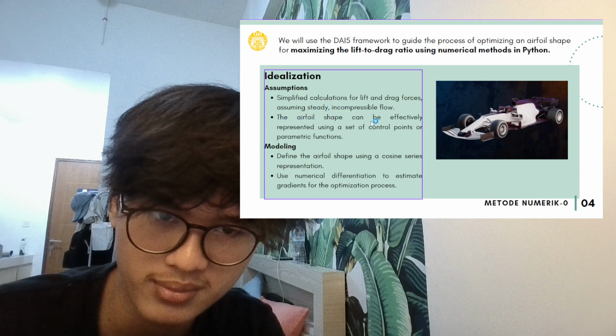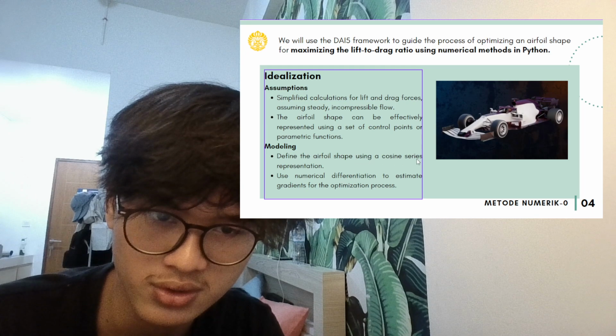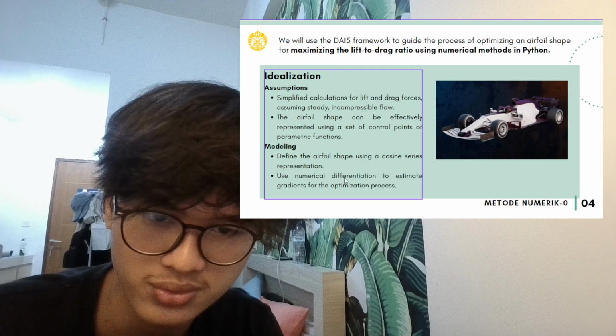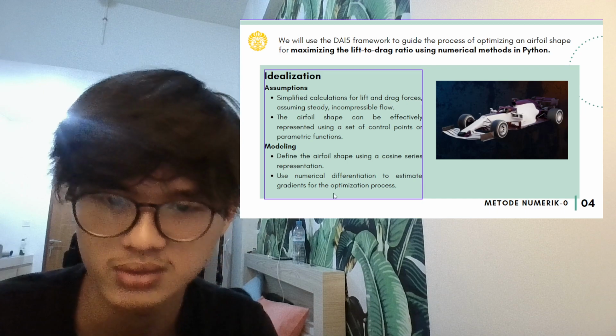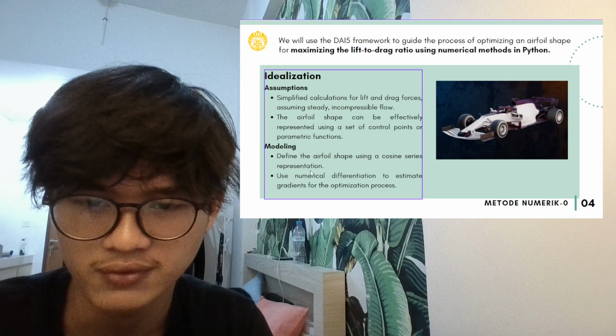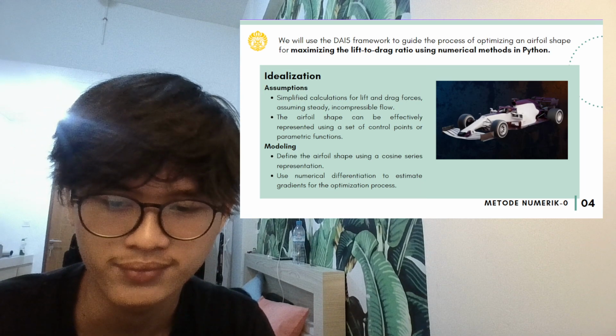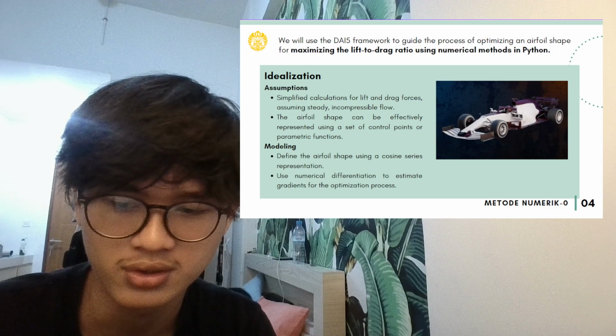The airfoil shape can be effectively represented using a set of control points. For modeling, we define the airfoil shape using a cosine series representation and use numerical differentiation to estimate gradients. After this slide, I'm going to show you what it looks like in Python.